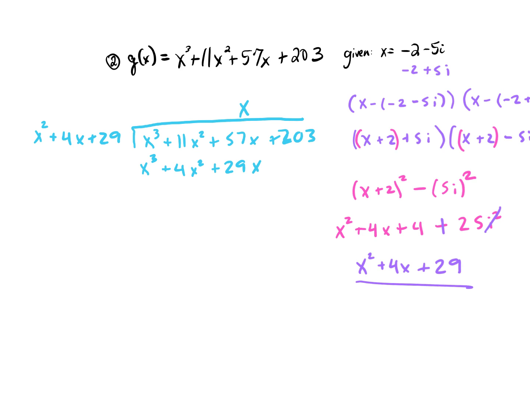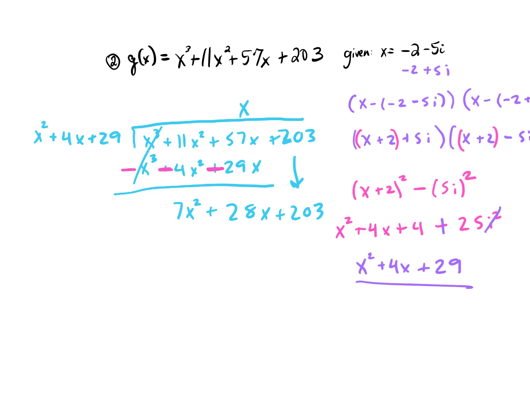What do I do next? Change the signs and combine. So those cancel. 11x squared minus 4x squared would be 7x squared. 57x minus 29x is 28x. Drop down the 203.